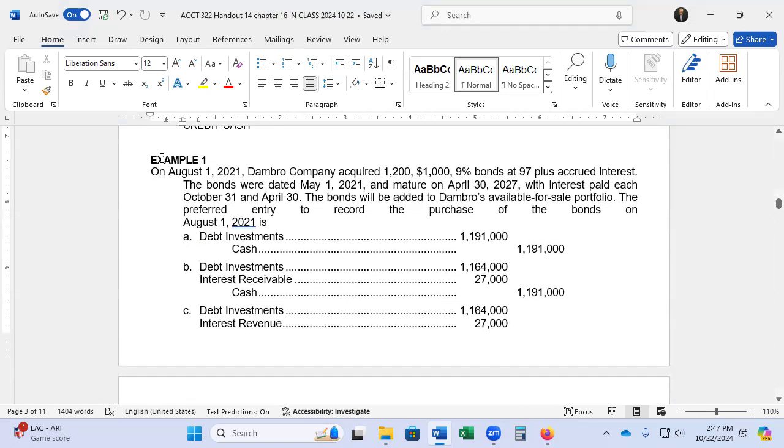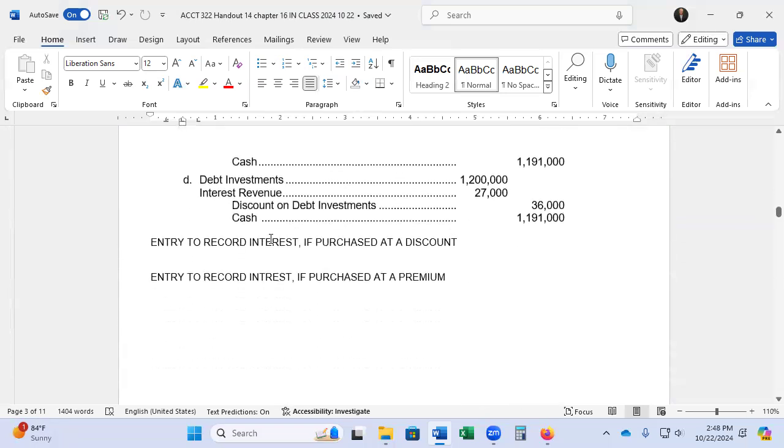Okay, so we have company acquired $1,200, $1,000, 9% bonds at 97% plus accrued interest. Bonds were dated May 1, 2021, which needs to be corrected, and mature on April 30th, 2027, with interest paid on October 31st and April 31st. The bonds will be added to the available for sale portfolio. The preferred entry to record the purchase on August 21 is.